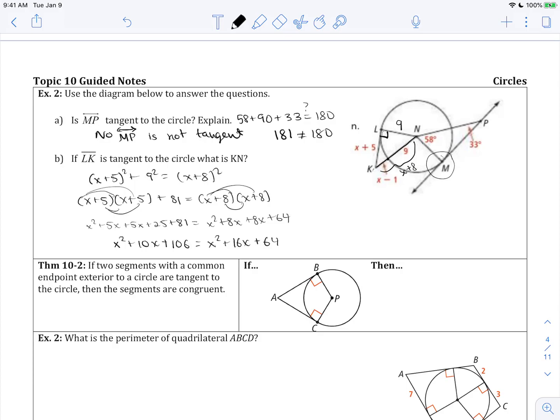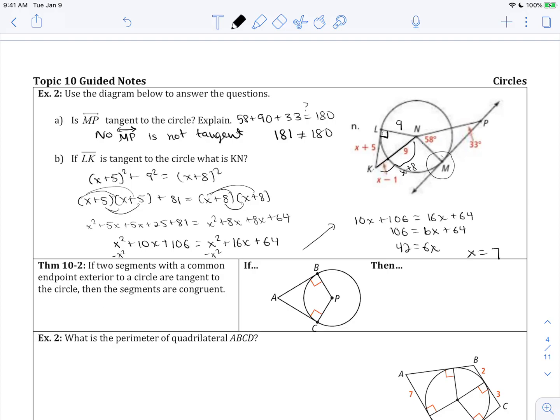I notice we have x squared on both sides, so if I subtract, the x squareds go away, and I have just 10x plus 106 equals 16x plus 64, right? Could subtract 10x from both sides, I get 106 equals 6x plus 64. Subtract 64 from both sides, and you get 42 equals 6x, so x equals 7.